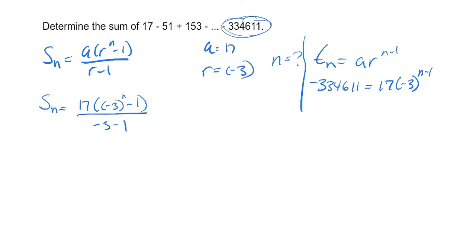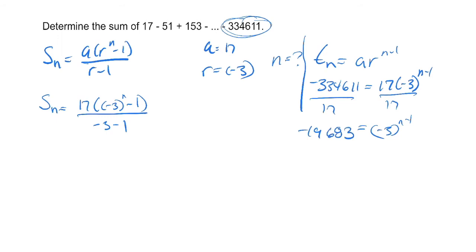Here we want to isolate the power, so we divide both sides by 17. So I'm just going to write negative 3 to the power of n minus 1 equals 334,611 divided by 17, which is negative 19,683.